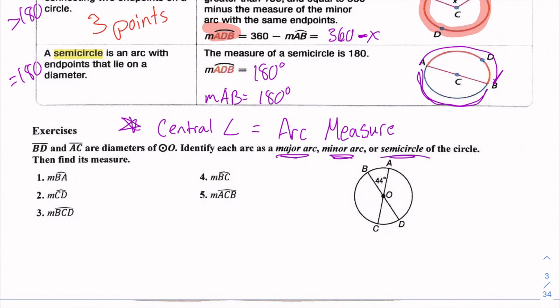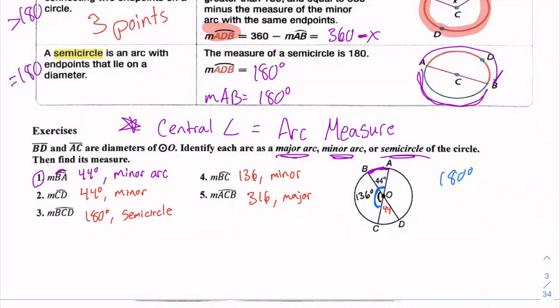I'll do number 1 real quick. The measure of arc BA. This arc, it's easy. What's the central angle? It's 44, which means this is 44 degrees. And what type of arc is it? It's going to be a minor arc. Pause the video here. Please do 2, 3, 4, 5 on your own, and then check your answers right after.